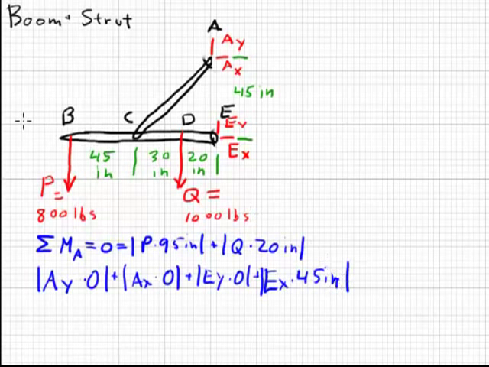Finally, before we can do our calculations, we need to find the directions of our moments. P, about point A, is doing this type of motion, which is counterclockwise. So that means this moment will be positive.